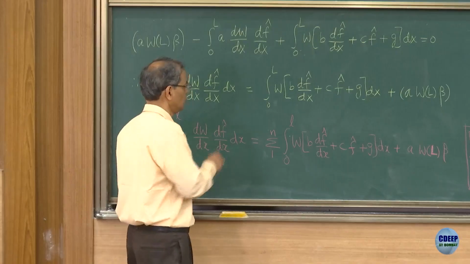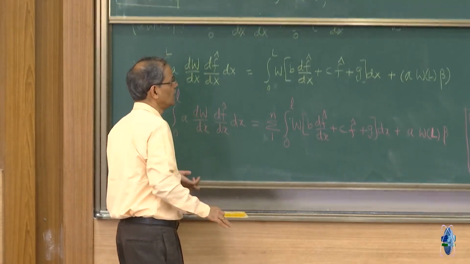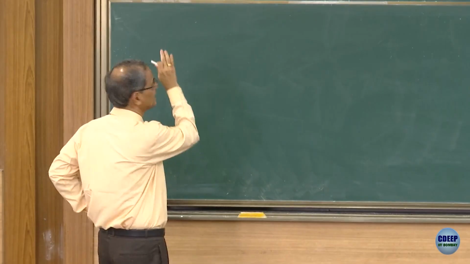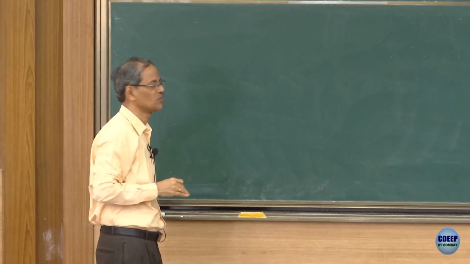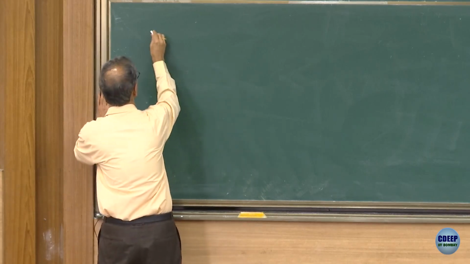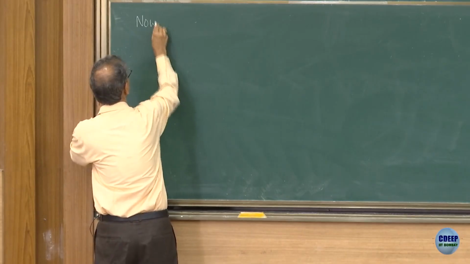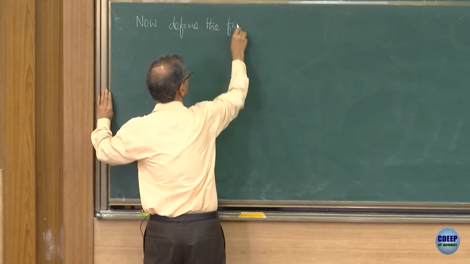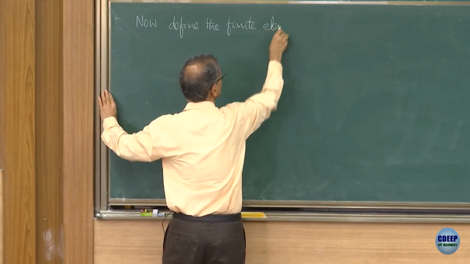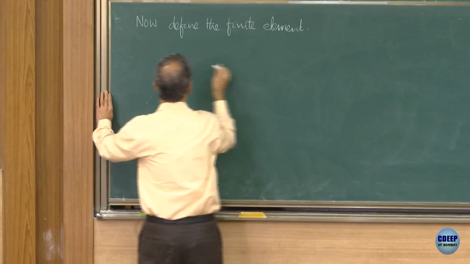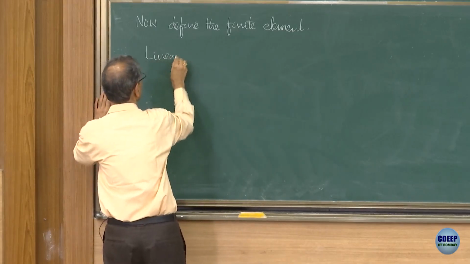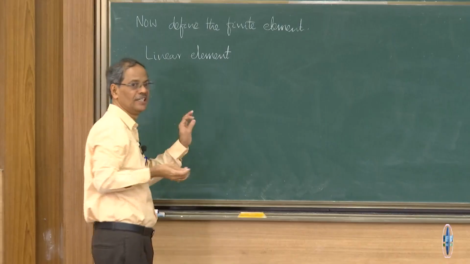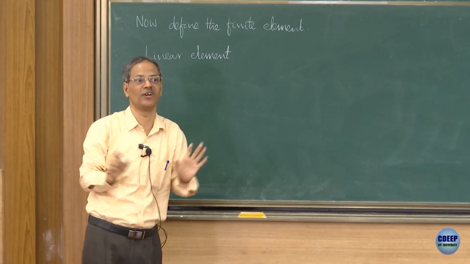Okay, so let's take this equation now, and after defining the element I will focus on one term at a time, so that it is easy for us to progress with the calculations. So let me now define the linear element. When I say linear element, the linear term refers to the interpolation functions, shape functions or trial functions.